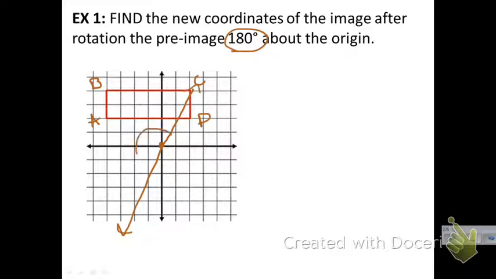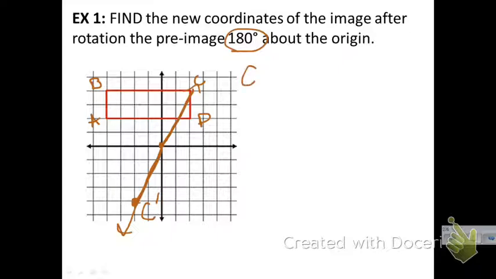And travel 180 degrees. That's a straight line. And whether we go one direction or the other, it's the same traveling distance. So we want to go 180 degrees. And we're going to notice that this distance here has to be the same. So that would put your point, or C prime, at about that point.